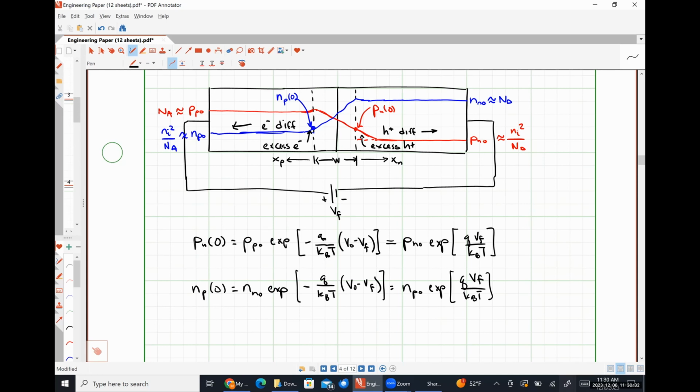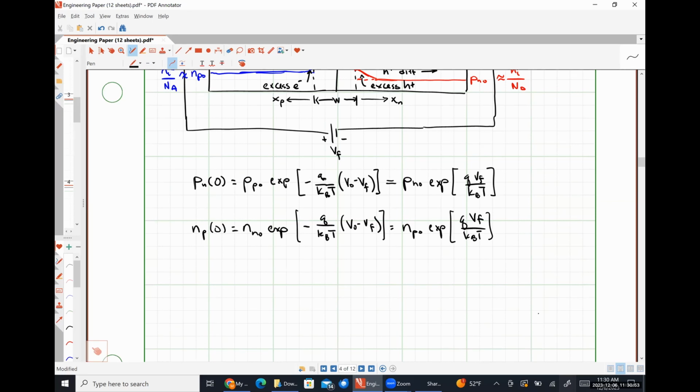We'll see that eventually this is going to settle to just Pn naught as we get further and further away from the junction. This guy is going to settle to Np naught as we get further and further away from the junction. Okay?